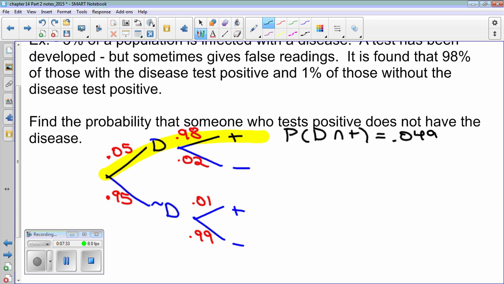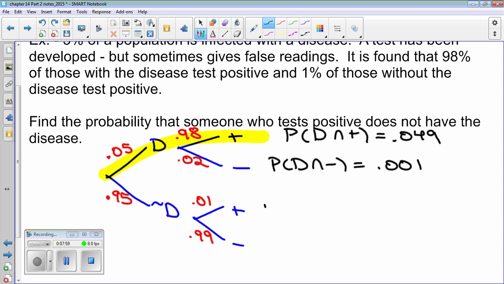And you're going to do this across the way. We're also going to do the probability of disease and test negative. So we're going to multiply 0.05 times 0.02, and I get 0.001. And we're going to fill out the rest of the tree diagram.